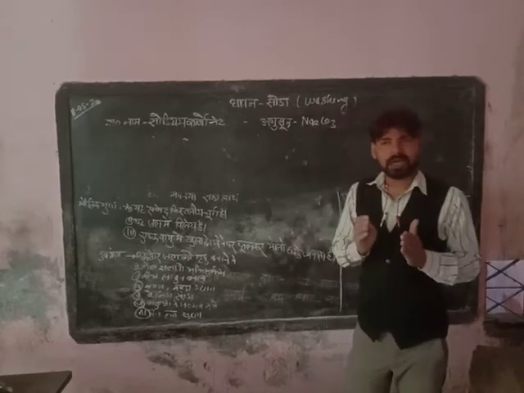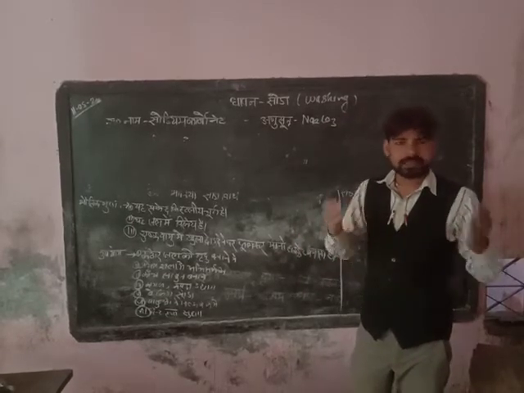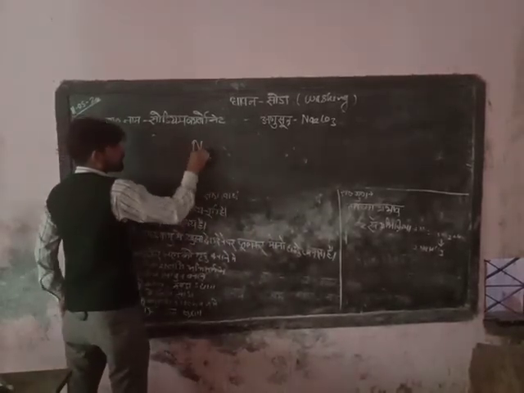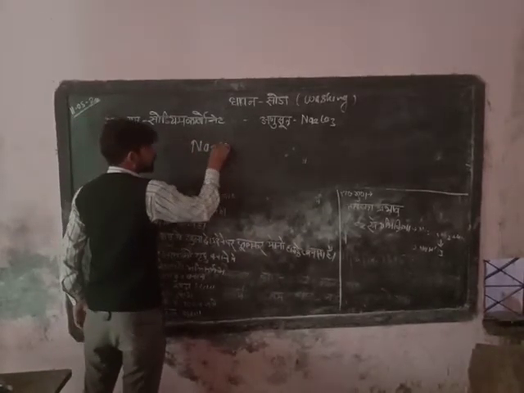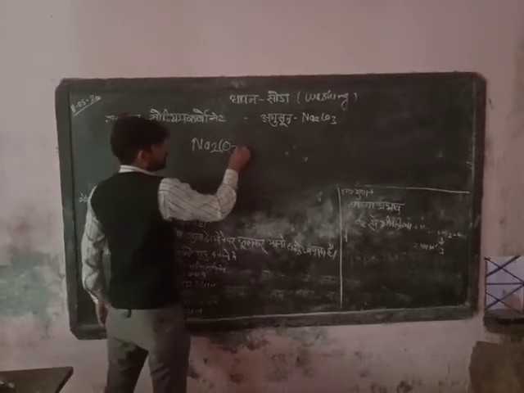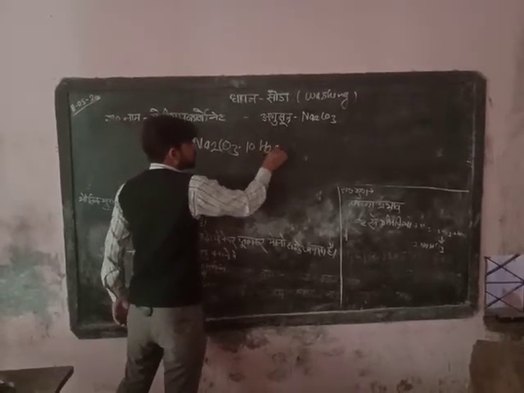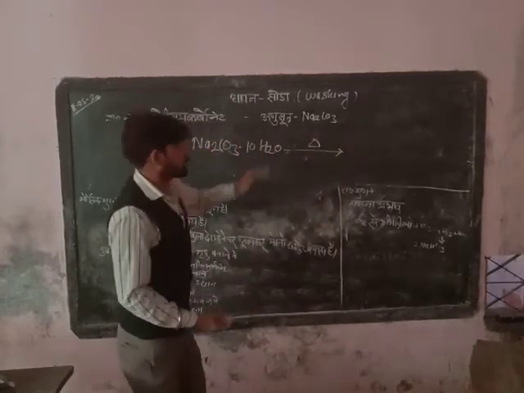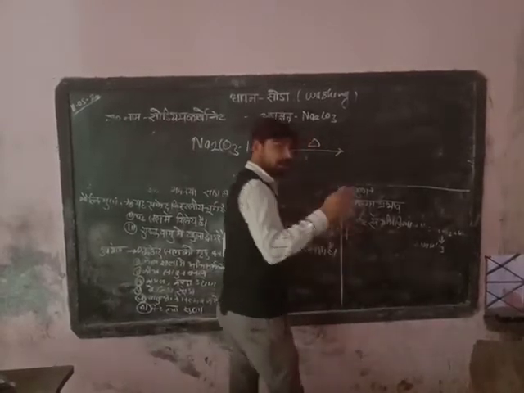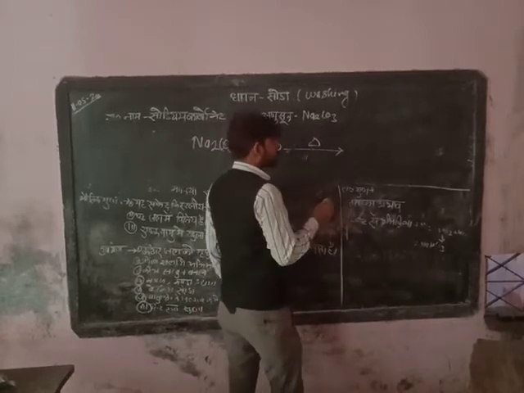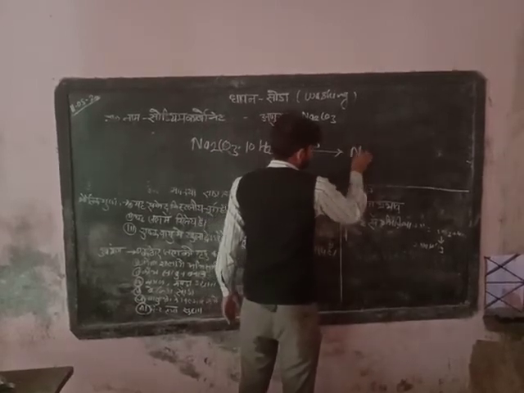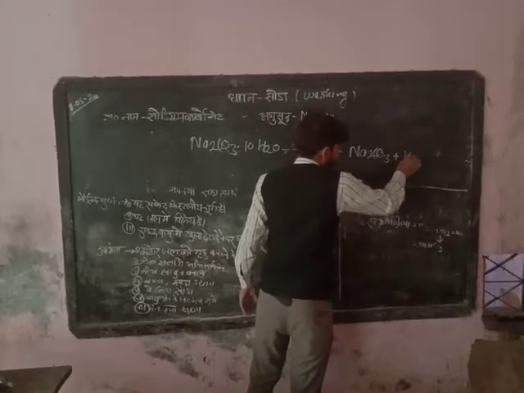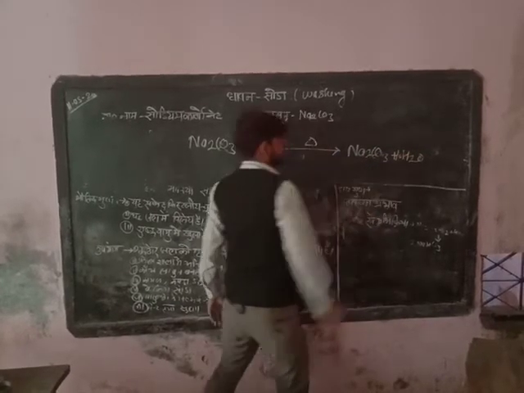That means sodium carbonate on heating loses its water molecules. The formula of washing soda, as you know, includes 10 H2O molecules. On heating, it loses the H2O molecules and forms dehydrated washing soda, that is sodium carbonate. I hope this is clear.